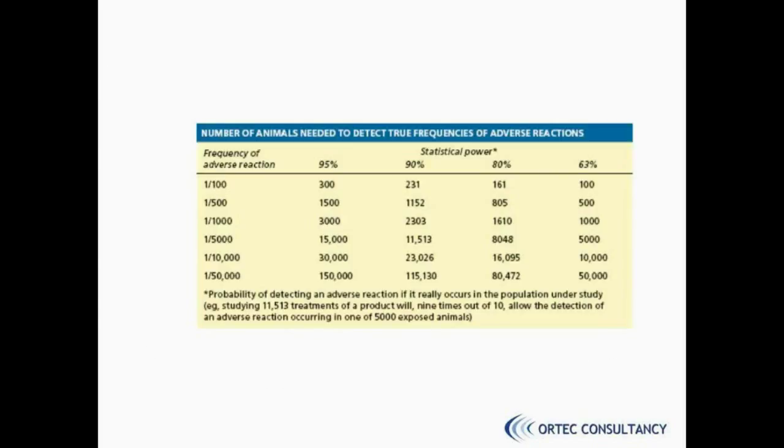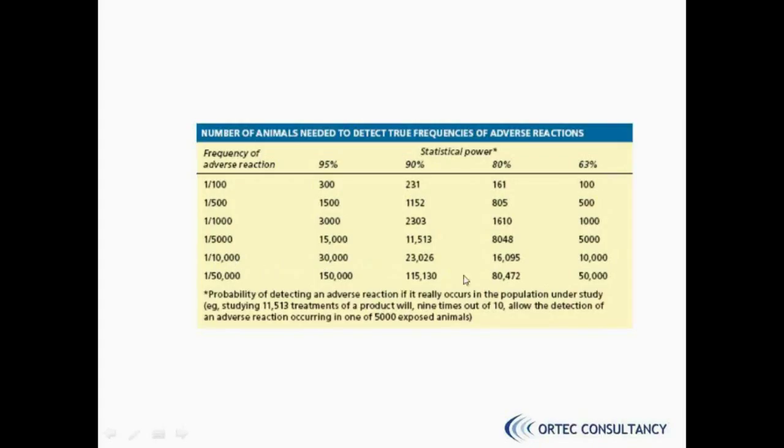And this slide here shows you that actually with the various statistical powers here, you see that a lot of clinical studies, when they're done, usually you probably only have about 300 animals max in each group. And you can see at a 95% level, you're only going to find a frequency of an adverse reaction which is very frequent at 1 in 100.